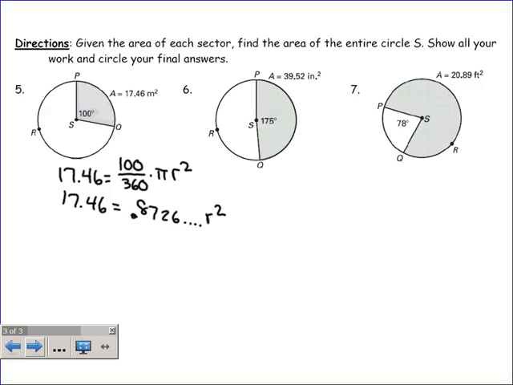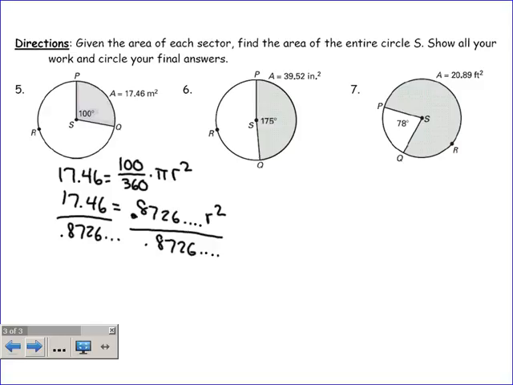Okay? That number is in my calculator, and you guys can figure that in your calculator. All I did is I took 100 divided by 360 times pi. So all I have left is numbers and r squared. What do I need to do now? Yeah, I need to divide both sides by this 0.87, the whole number. I'm not just dividing by 0.8, or else I'm totally going to get the wrong answer. I'm actually dividing by this whole thing. In my calculator, that number is stored. It's automatically the last number I had.